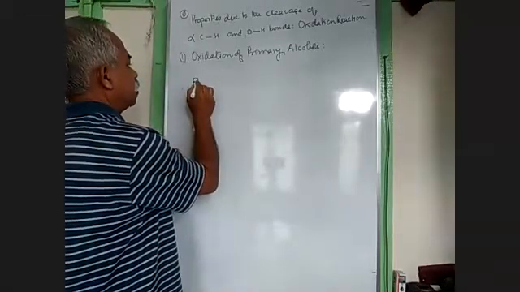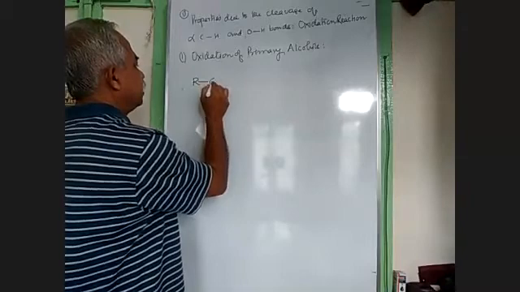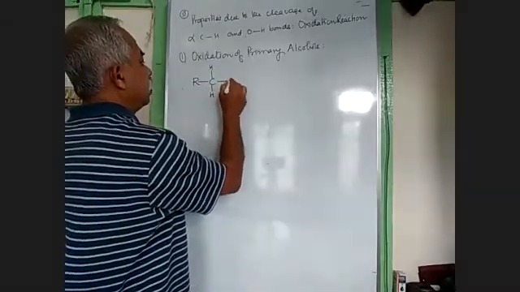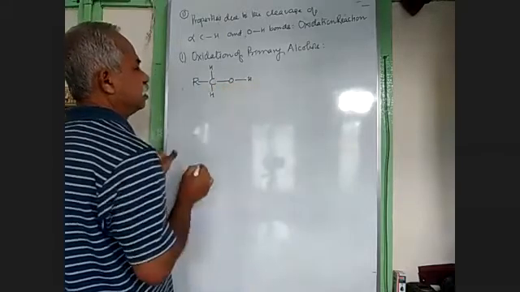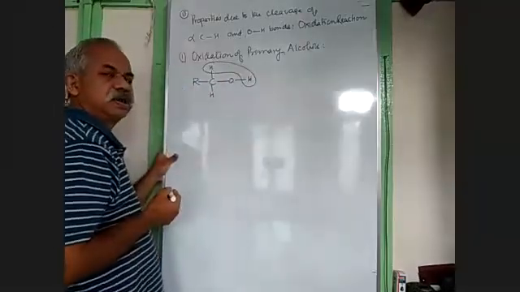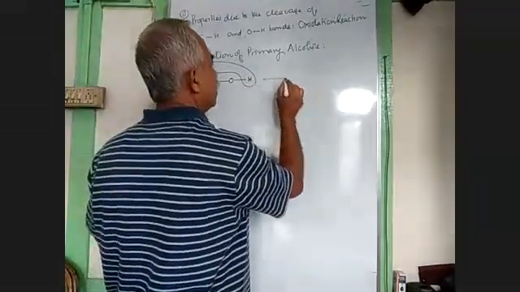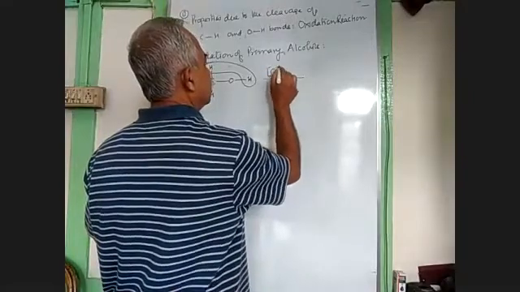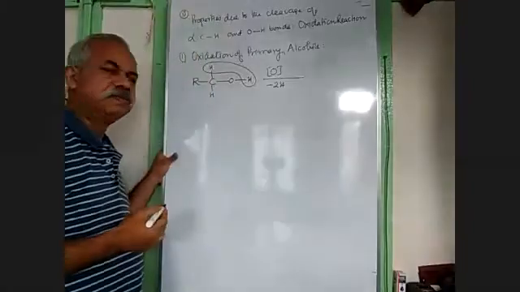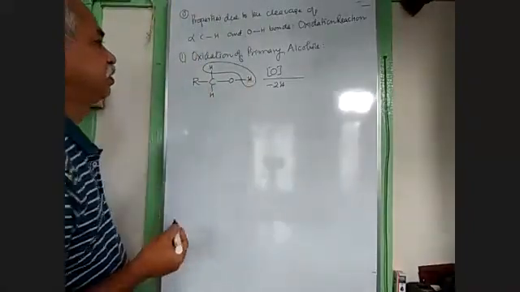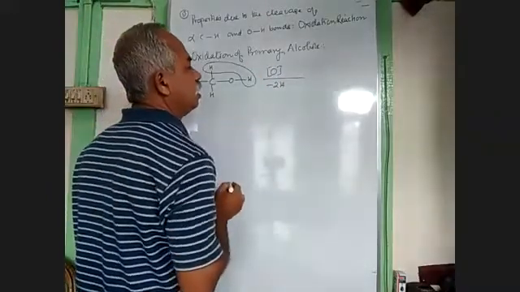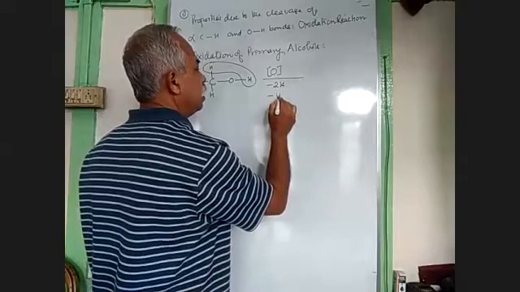Now, oxidation means loss of hydrogen or addition of oxygen. See, dear, first this will go. So I'll write here oxidation, and here I'm going to write minus 2H. So what will happen? 2H and oxygen will react to give you water.